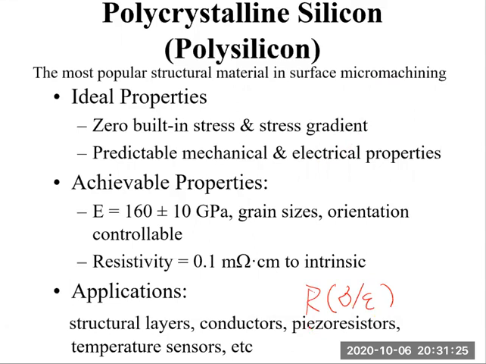So we can use a piezoresistor to sense stress or strain. Polysilicon can also function as a temperature sensor, because its resistance is also a function of temperature. So we can see polysilicon has many important applications in MEMS.